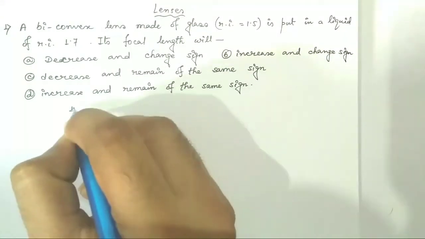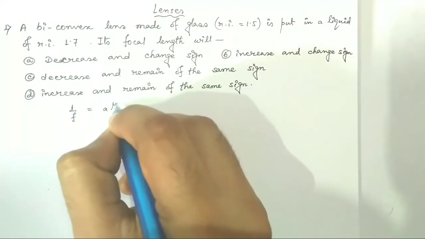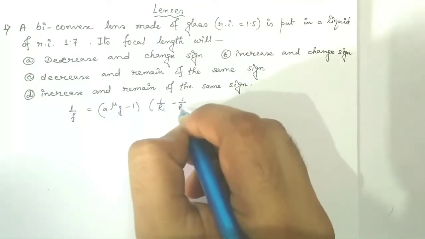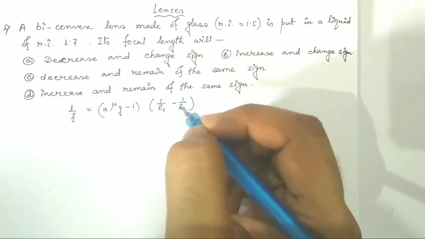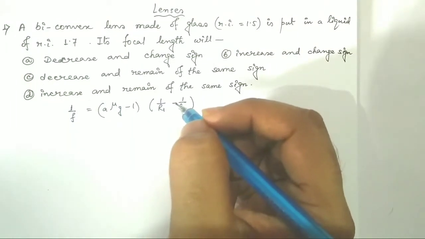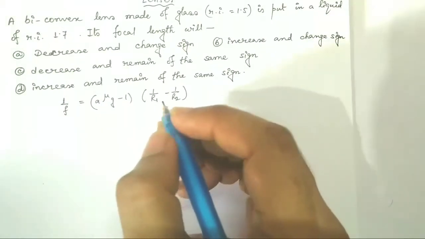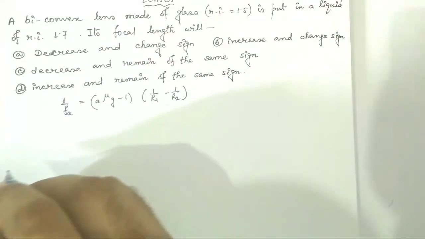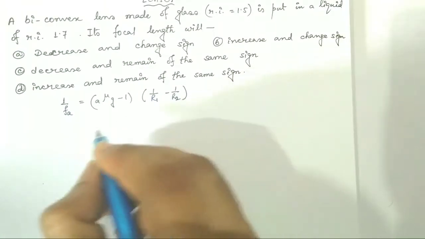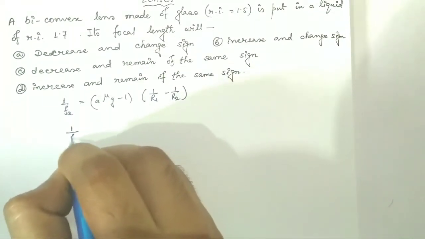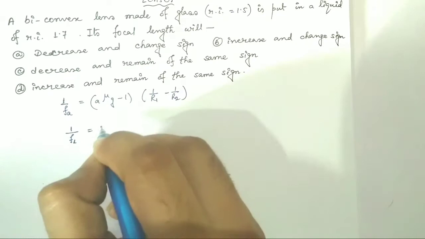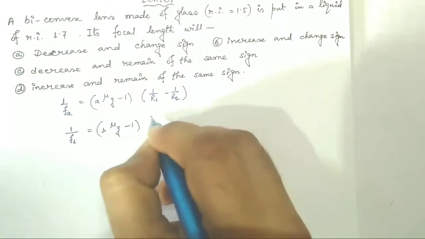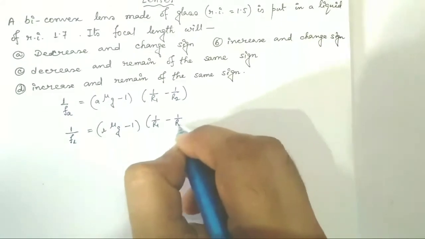Now we know the focal length of a lens is given by 1/f = (aμg − 1)(1/R1 − 1/R2), where R1 and R2 are the radii of curvature of this lens. In the first case the focal length is given by fa, and then it is dipped into a liquid, then its focal length will be given by 1/fl = (lμg − 1)(1/R1 − 1/R2).